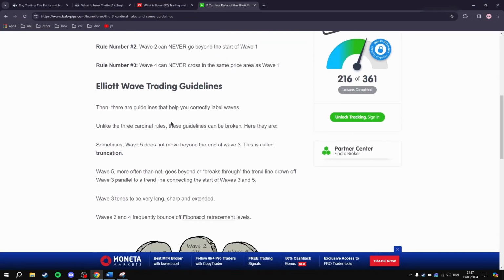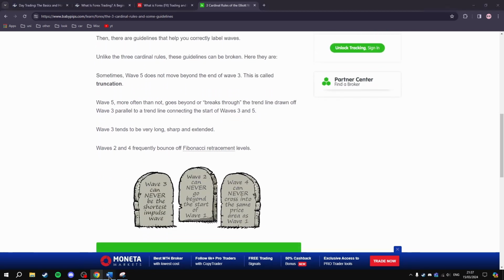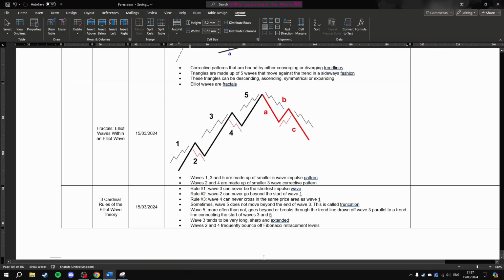So these are the guidelines, so they don't always happen. Wave 3 tends to be very long, sharp and extended, so this one here. Waves 2 and 4, so this one and this one, frequently bounce off Fibonacci retracement levels. Right, okay.